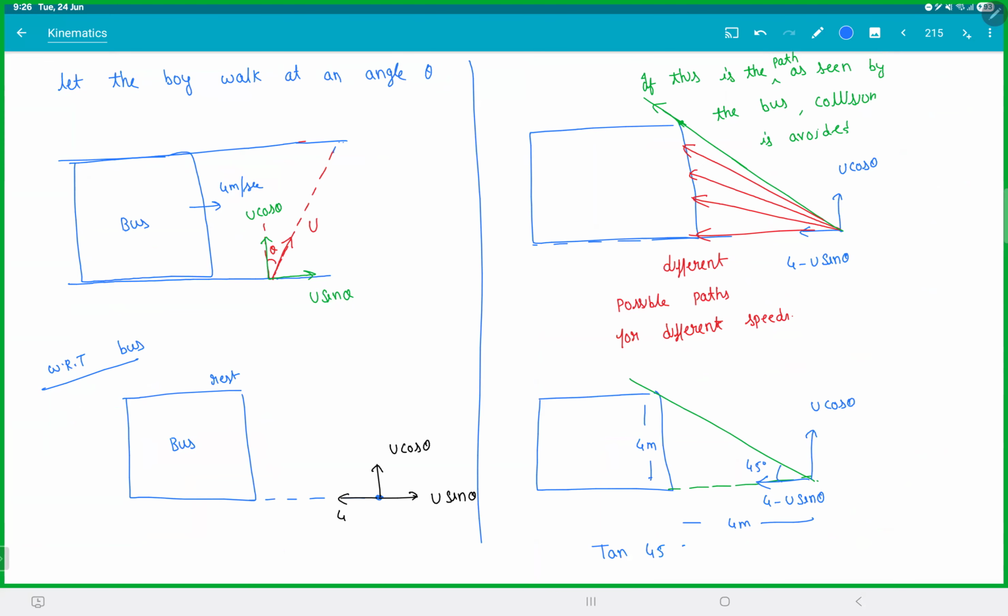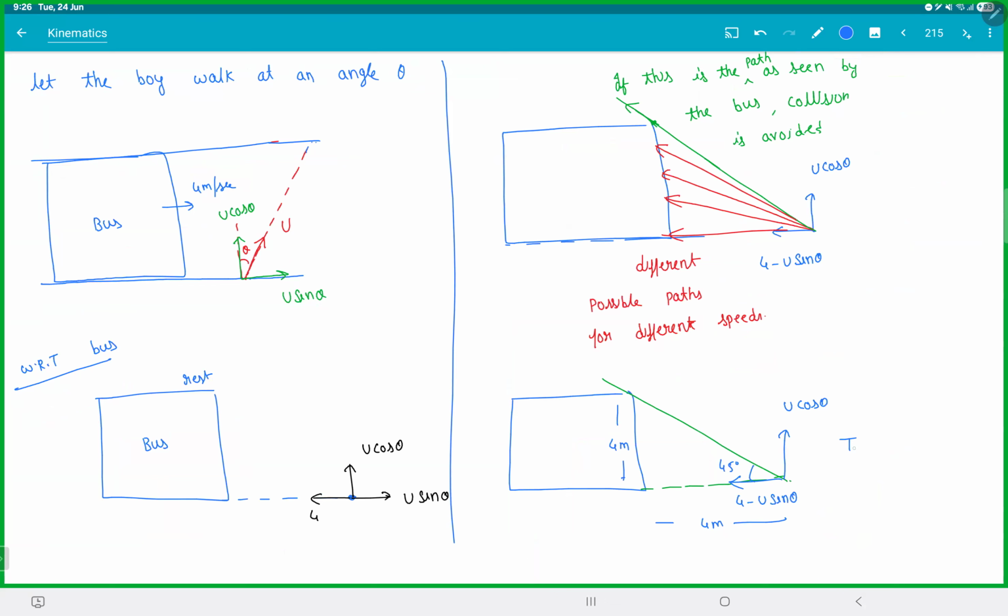So we have tan 45 is u cos theta by 4 minus u sine theta. Clear, everyone?